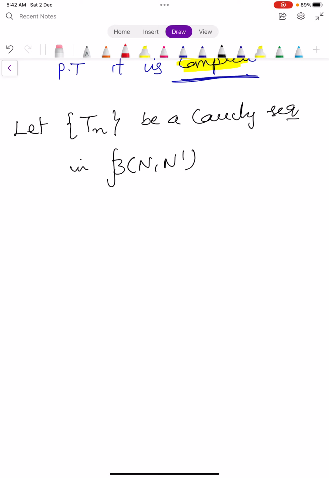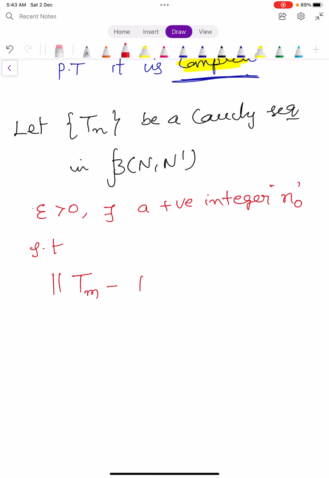By the definition of Cauchy sequence, for each epsilon greater than 0, there exists a positive integer n naught such that norm Tm minus Tn is less than epsilon for all n comma m greater than or equal to n naught.